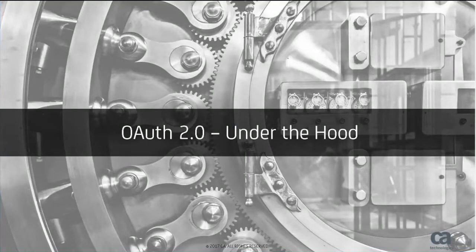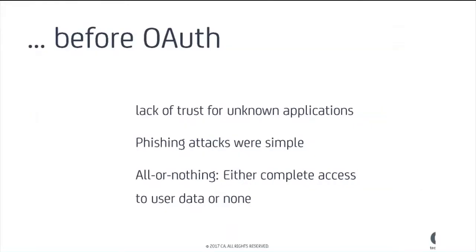So what is OAuth 2.0 under the hood? Let's go into the specifics, but still keep it simple because we're in a webcast here. We can discuss more in detail afterwards. So how did it look before OAuth? What's the matter here? Before OAuth, you just had to log in at a third party, and that third party had to check the credentials against the actual user store or the actual identity endpoint.